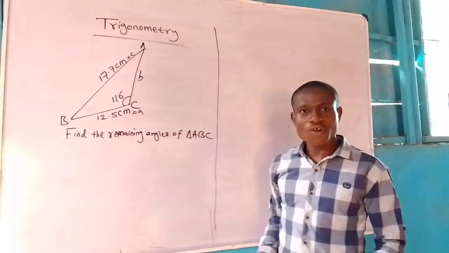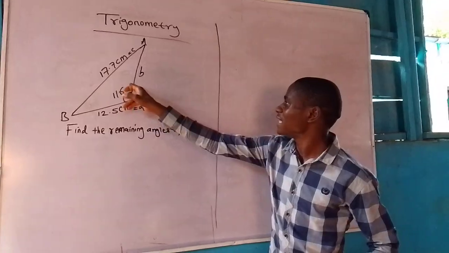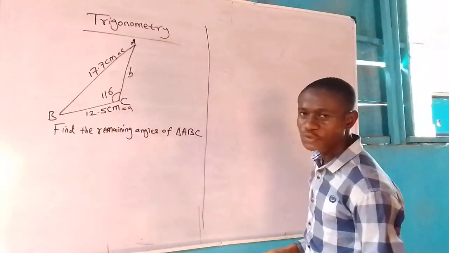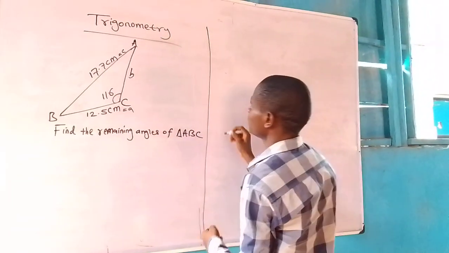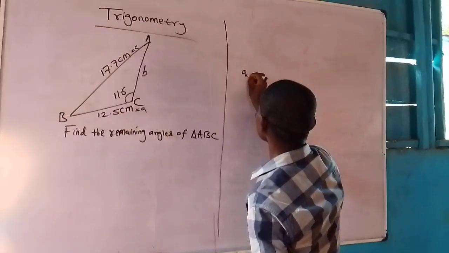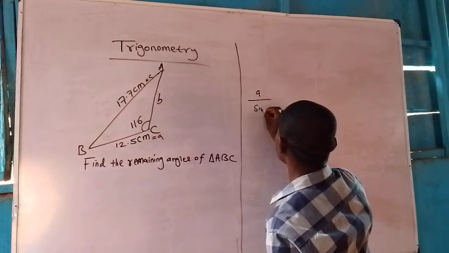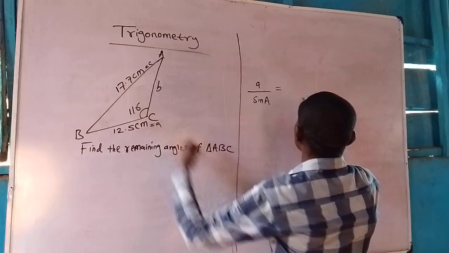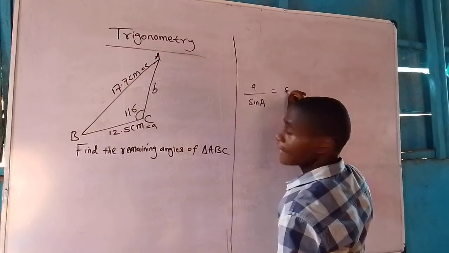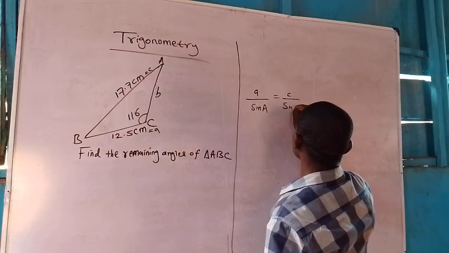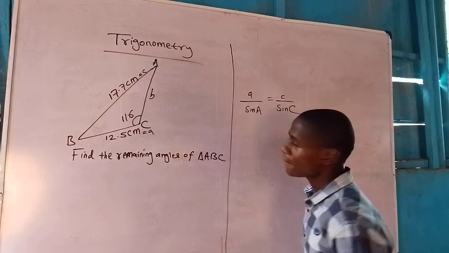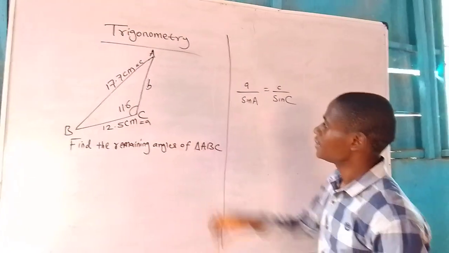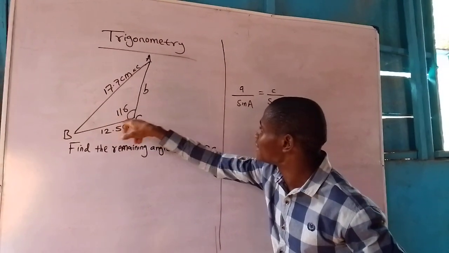But thank God we can apply the sine rule here because they gave us an angle and they also gave us a side. Now applying the sine rule, what do we do? We just say a over sine A equals this side that is given, c over sine C. Now, why I chose c over sine C is because if you look at this, it is C that is given.